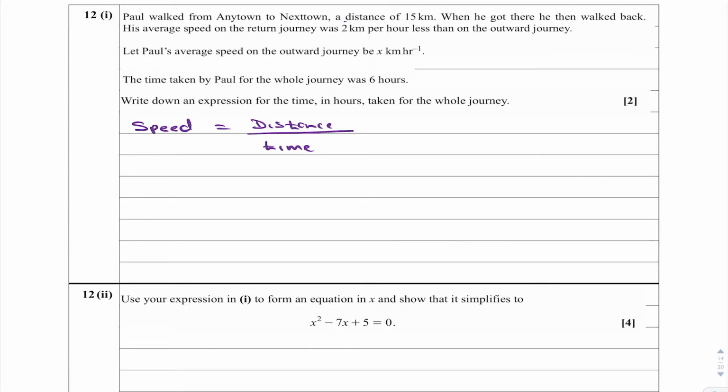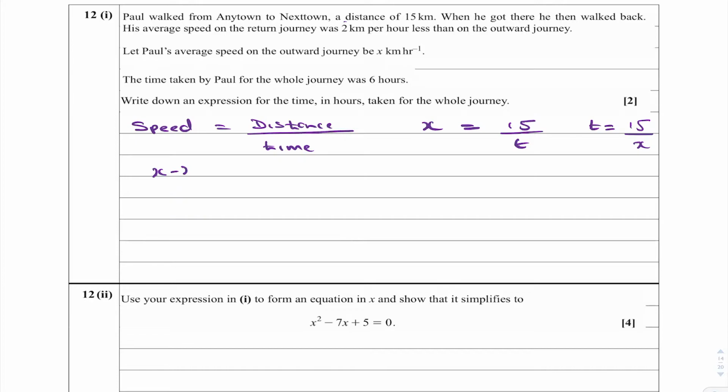And in this case, I have x, or sometimes you can call it v or u. x equals 15 over t, and therefore the time t will be equal to 15 over x.